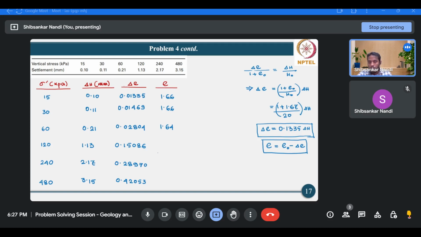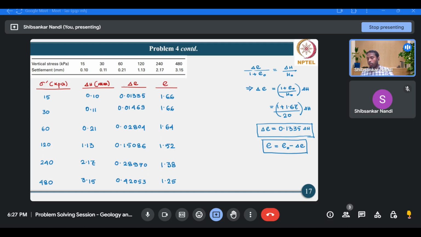Then 1.67 minus 0.15086, that is 1.52, then 0.28970, that is 1.38, and finally 1.25. Okay, so these are the void ratios at the end of each stress increment.